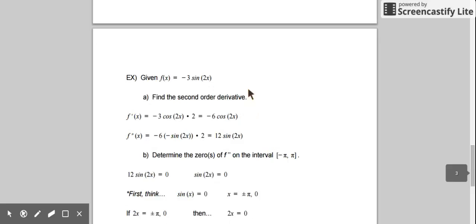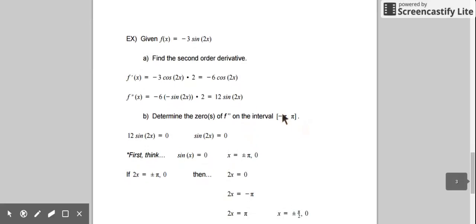One more example, let's do a trig function. Let's find the first derivative, just using the chain rule, and simplifying. Then derive that to find the second derivative, again using the chain rule and simplifying. And we get our second derivative. So we can find zeros as long as we state a domain on which we're finding them.